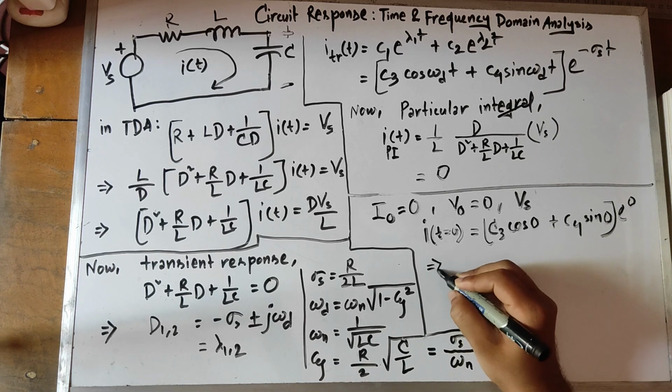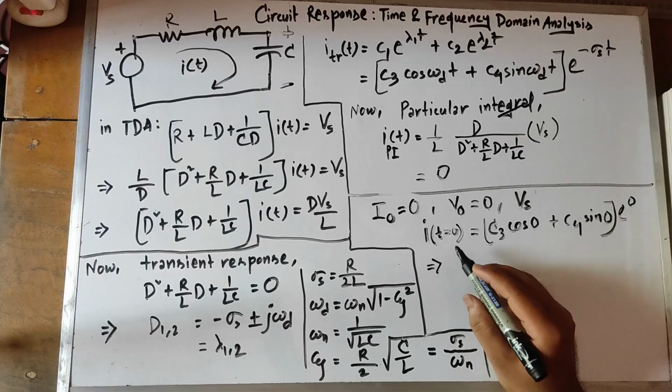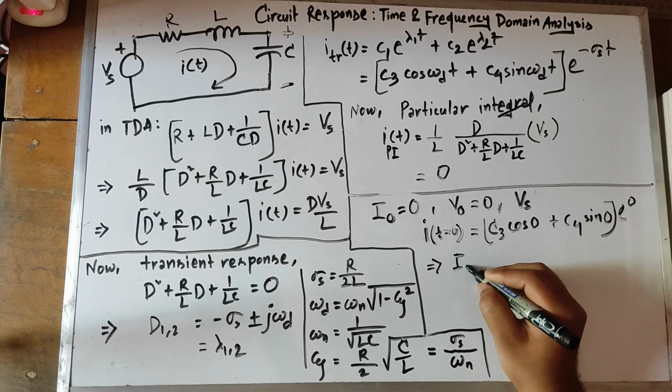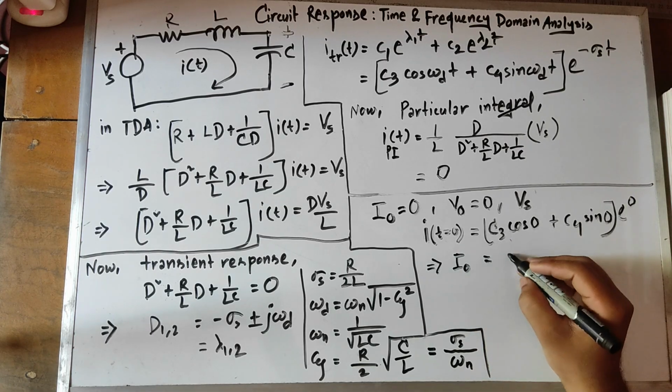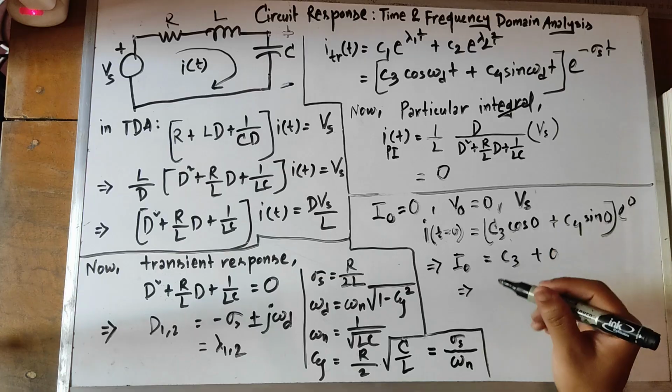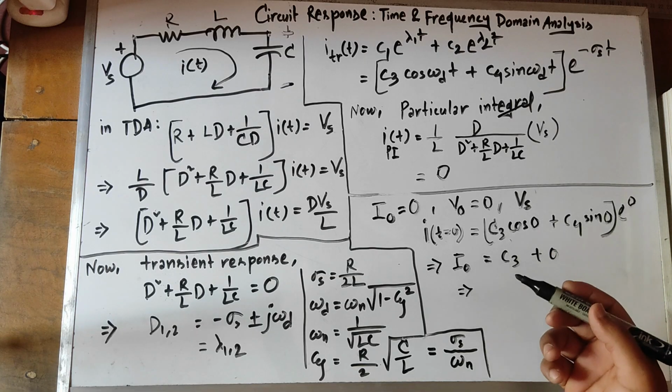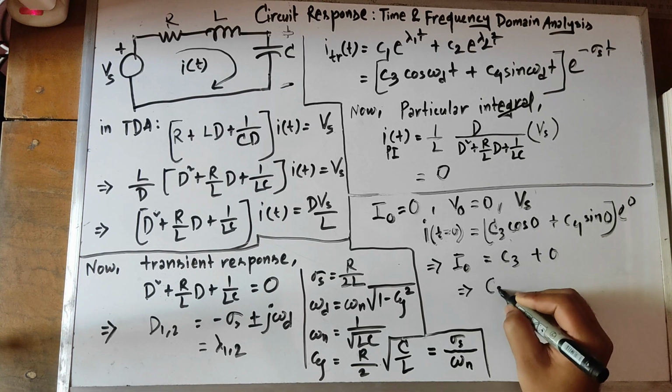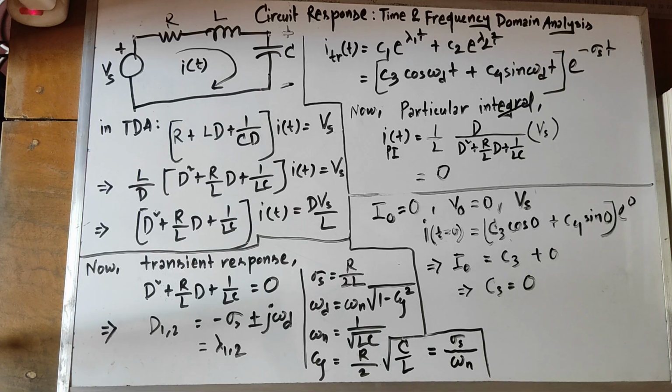So what we have is I0 equals C3, since everything else is 0, and I have assumed I0, the initial current through the inductor, is 0, so C3 is also 0. So our first arbitrary constant is 0 here, so there's no problem in that.